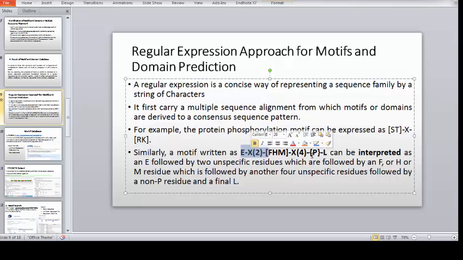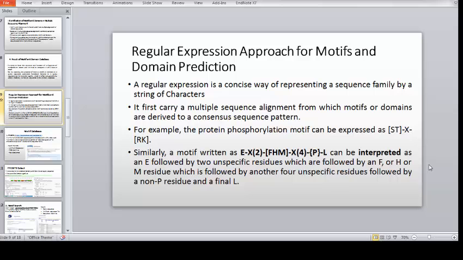The braces show the exclusion of amino acids. Then at the last position there will be leucine, which stands for L.